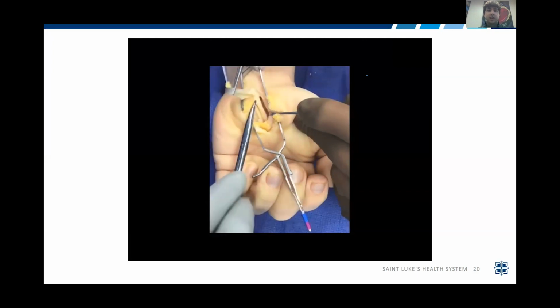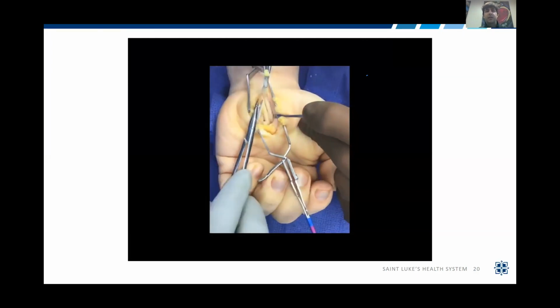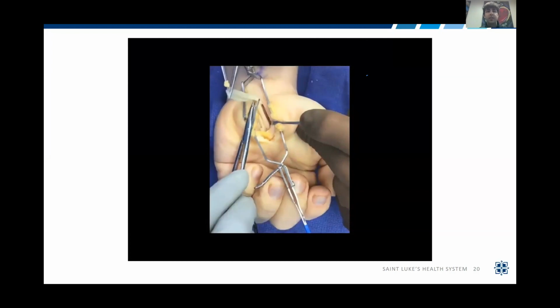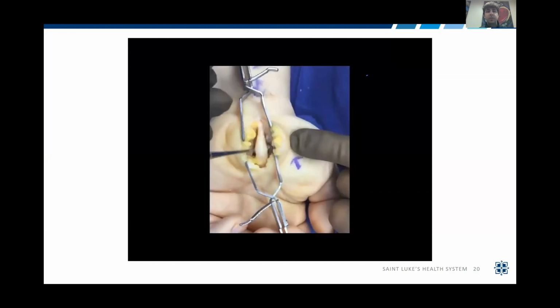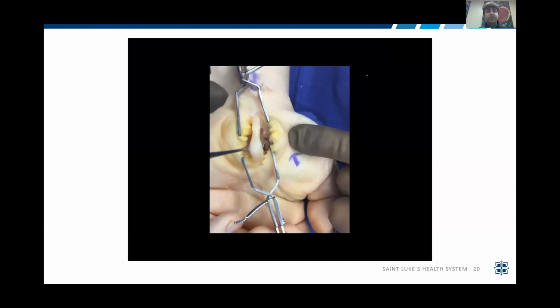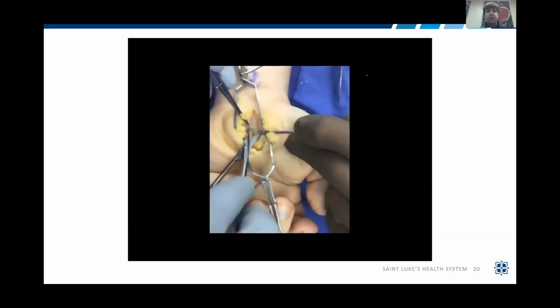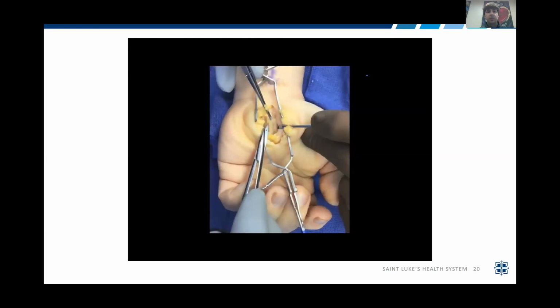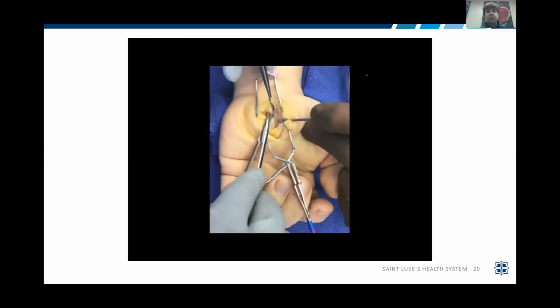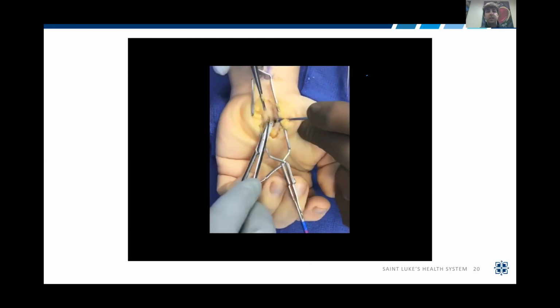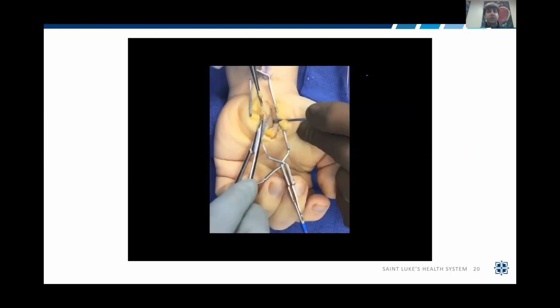So you can see how much tissue he's taking off here. So this tissue is normally going to come out during a carpal tunnel surgery. And so it is very easy, therefore, when someone does an open carpal tunnel release surgery like this one, to remove that tissue, send it to pathology, and then screen for amyloidosis.